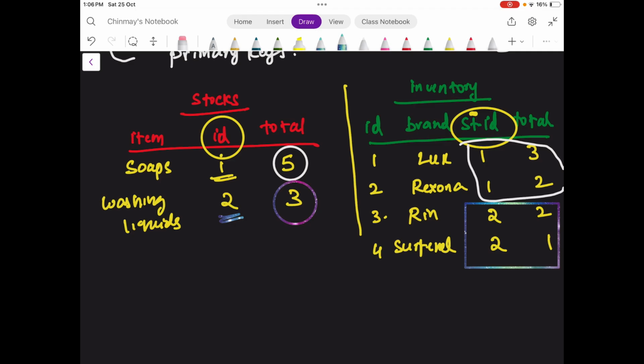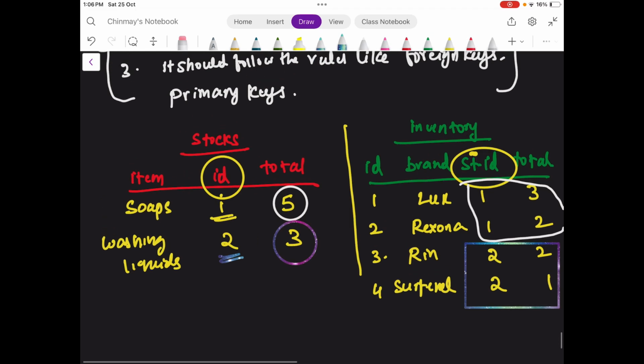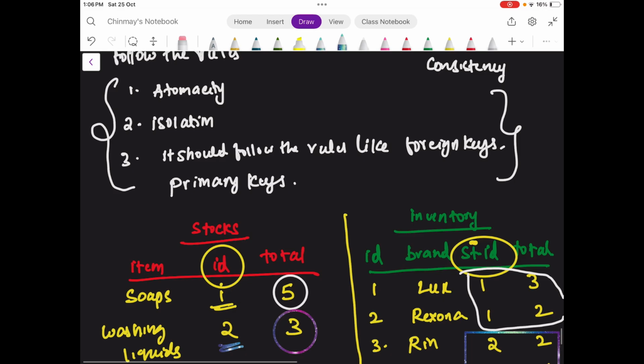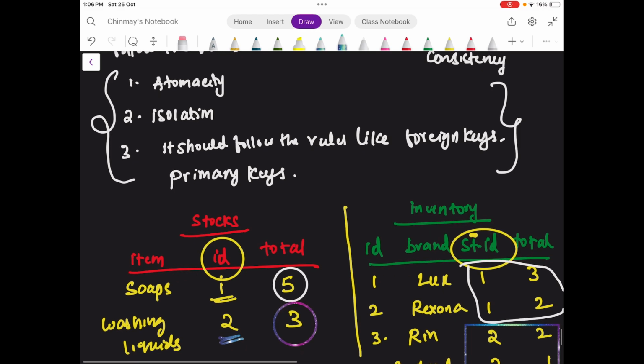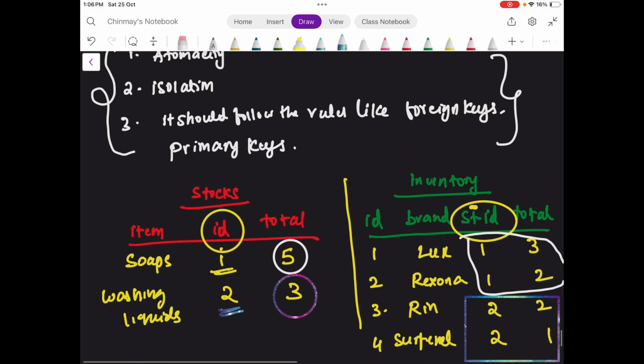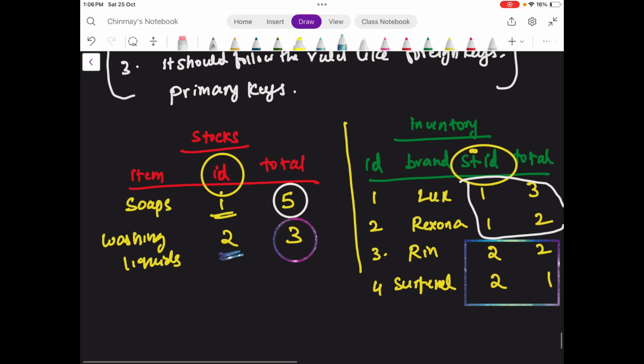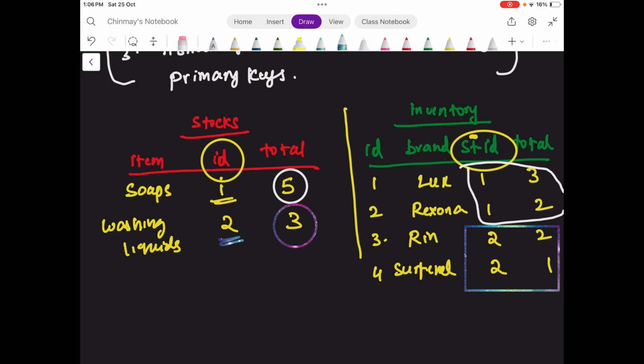So to achieve the consistency at the data level, definitely the database should have the atomicity property, and the proper isolation level according to the application. At the same time we have the foreign keys and primary keys, then only there is a consistency at the data level.